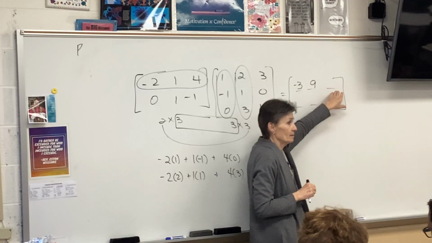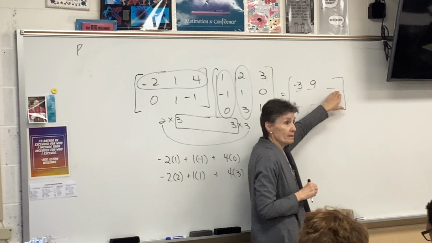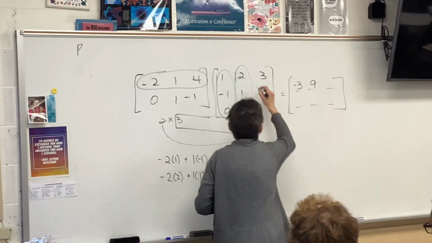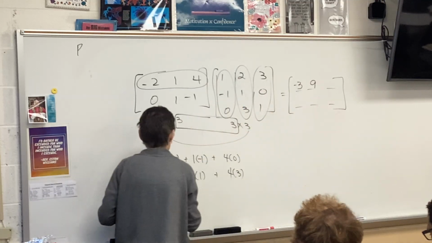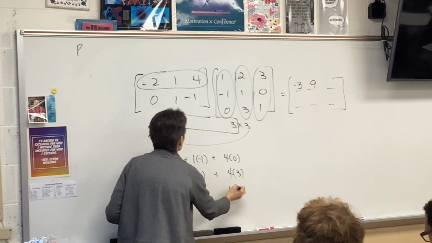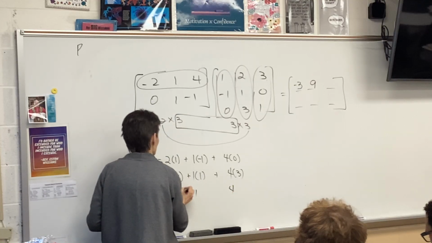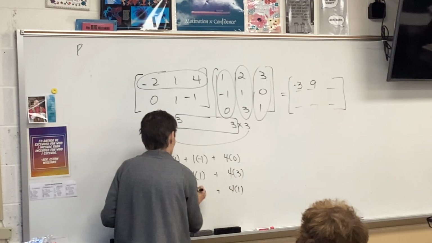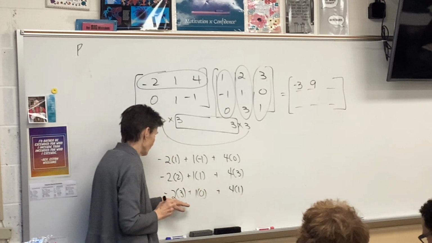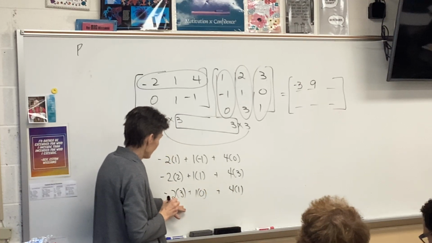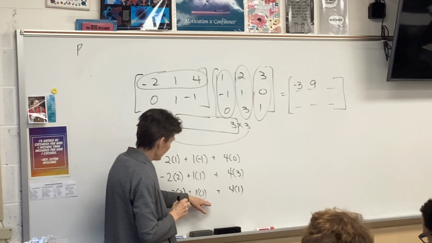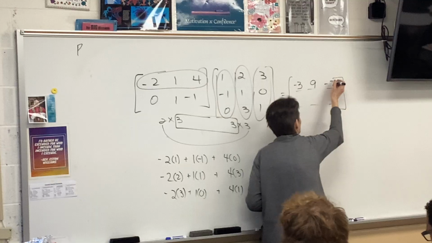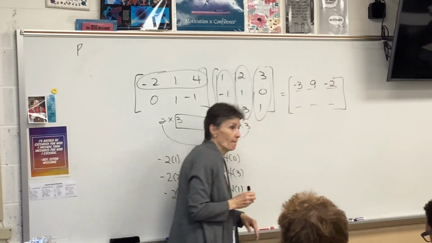And then what's this? This is still row 1, but now column 3. So row 1, column 3. So -6 and 0 and 4. -2.